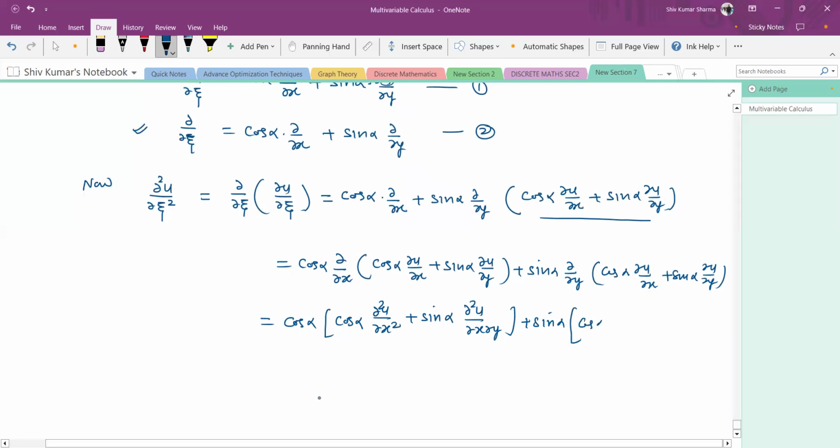Similarly we do the same for the second part: cos α ∂²u/∂y∂x plus sin α ∂²u/∂y².